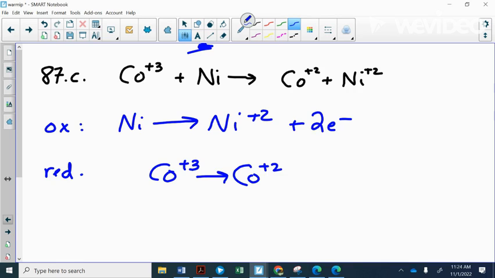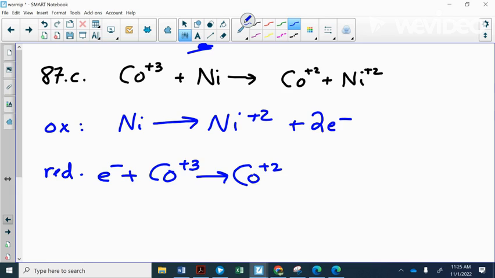So this is cobalt, the element, it's lowercase. So I just balanced charge then. 1 electron over here. If you haven't figured it out, in oxidation, electrons are being lost, so they should always be on the product side. In the reduction half reaction, they're always being gained, so they should always be on the reactant side.